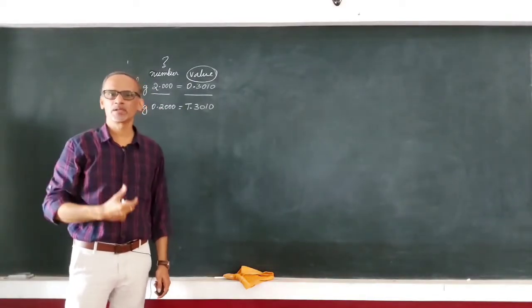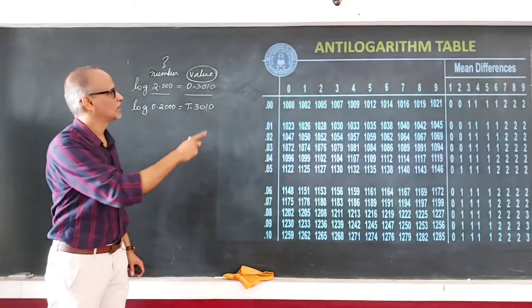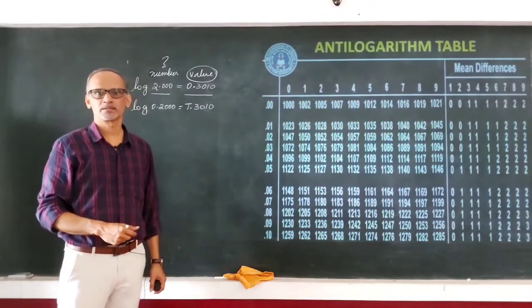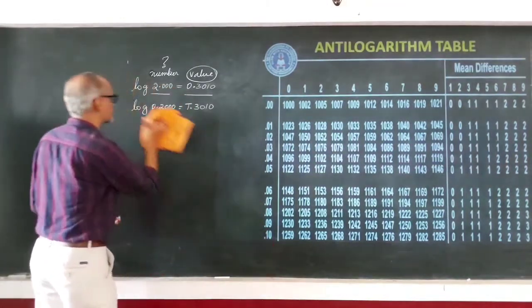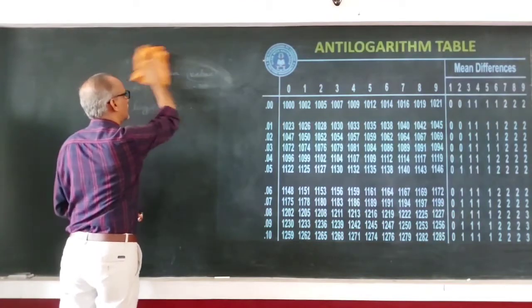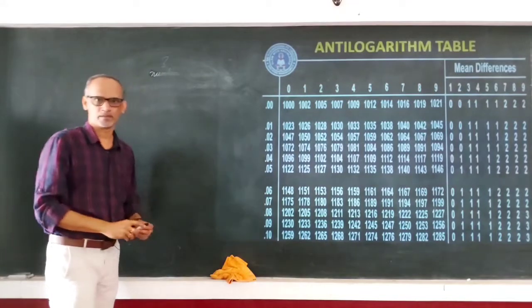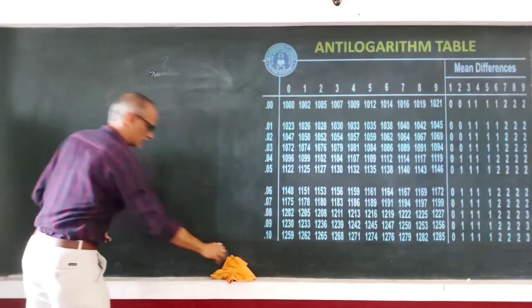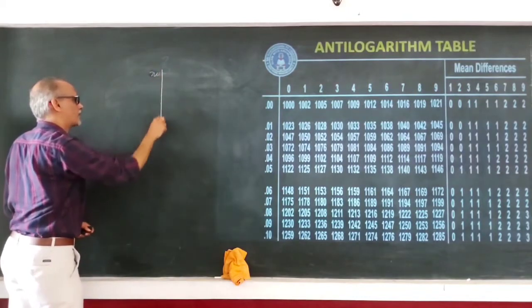And similar to the logarithmic table, we have the anti-logarithmic table, which you can see on your screen. So I'm going to explain now how to find the anti-logarithm of the two types of values. So I'm going to classify here into two categories.